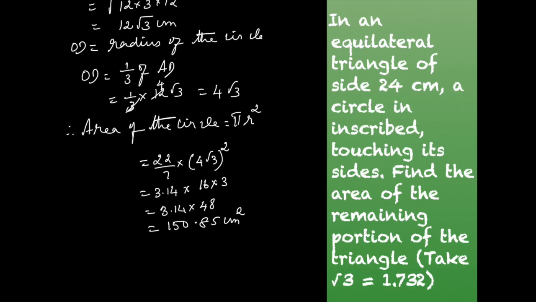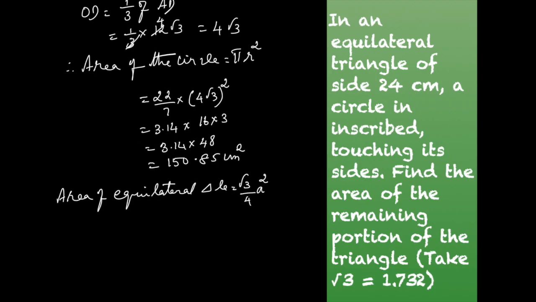Now we can go for the area of the equilateral triangle, which is root 3/4 a square. A means side. Here what is your side? 24. So root 3, 1.732/4.